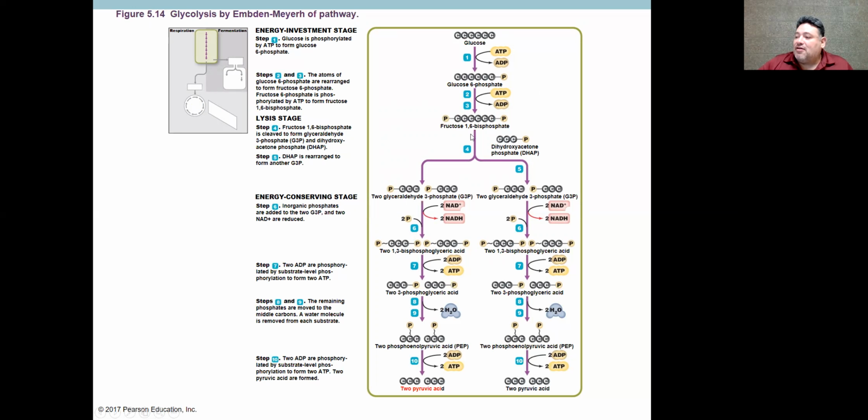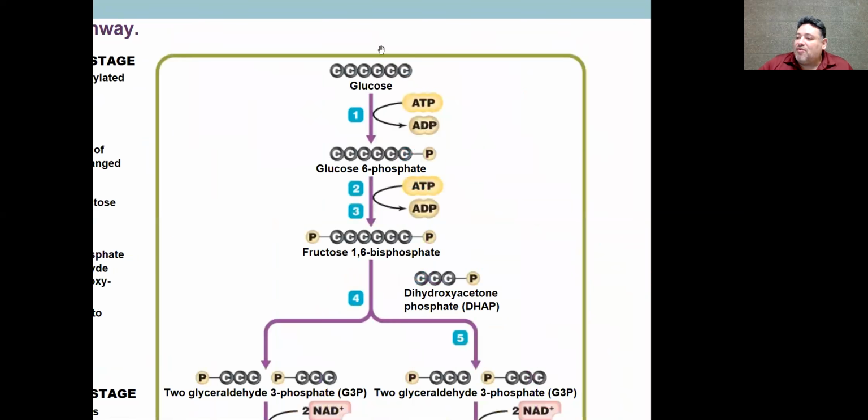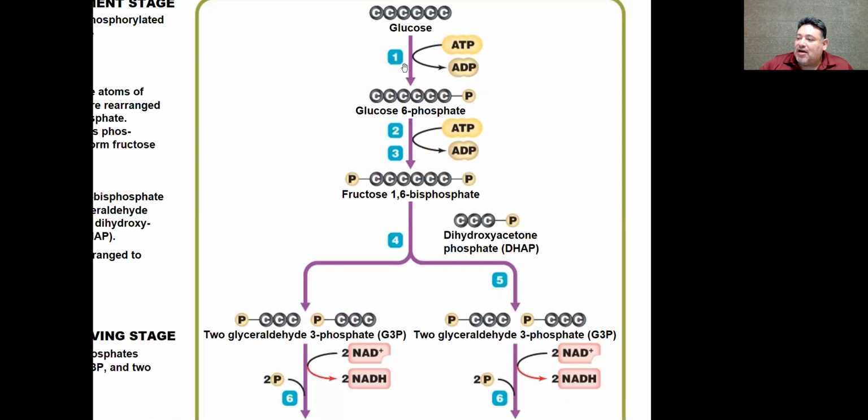If you notice here, I'm going to enlarge this so you can see a little bit better. We're starting with that sugar that we're talking about. It's a glucose with 1, 2, 3, 4, 5, 6 carbons, okay? And we go through what's called energy investment. Anytime that you invest a phosphate, you're investing energy.